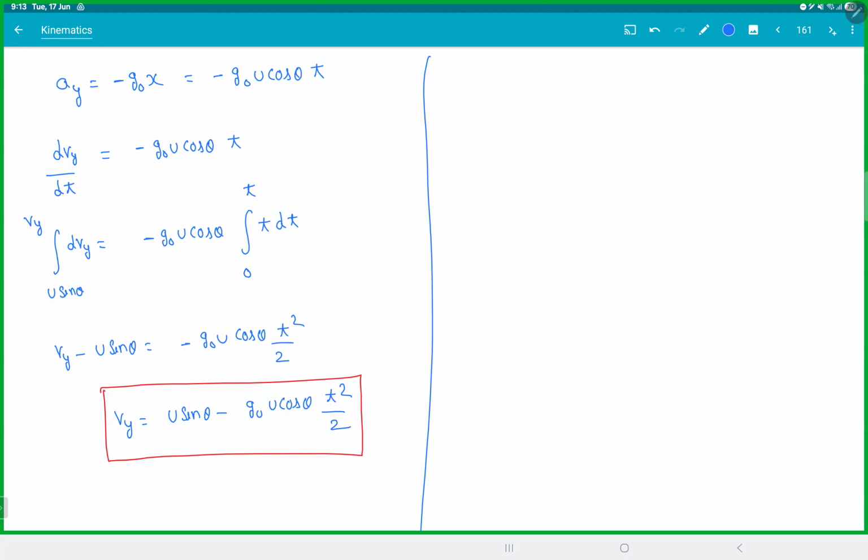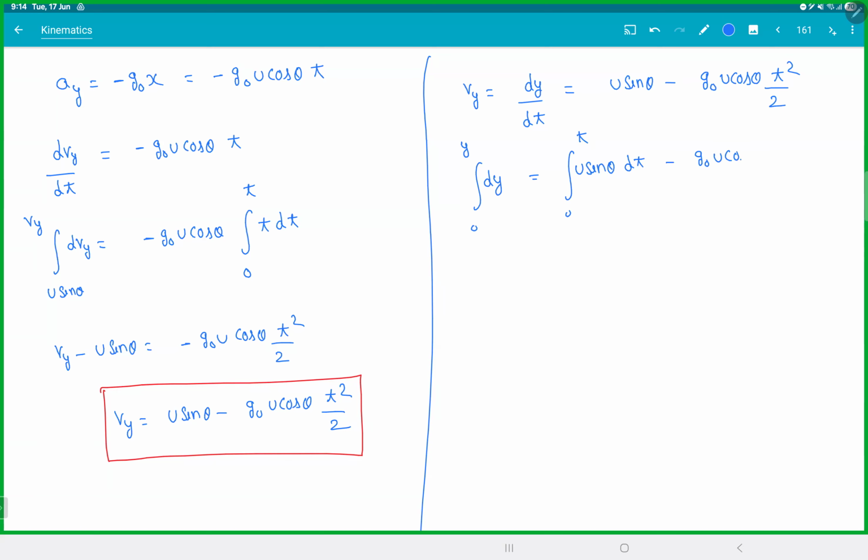What is Vy? Vy is dy by dt. This will give you your y coordinate. This will be u sine theta minus g naught u cos theta t square by 2. Integrate on both sides. This will be dy. Limits will go from 0 to y. u sine theta dt, limits from 0 to t.